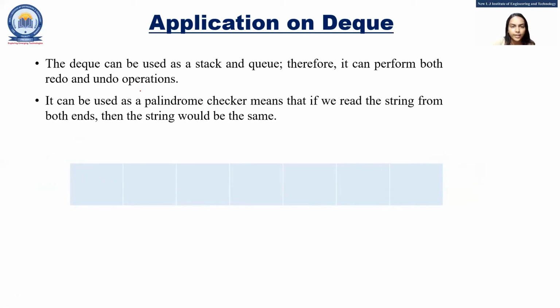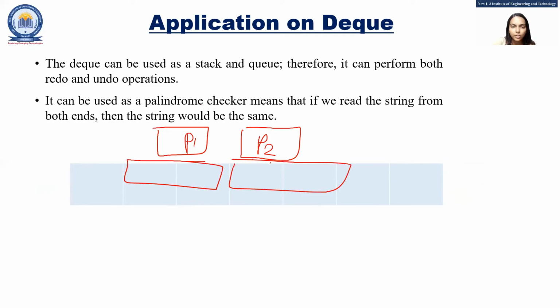multiple scheduling, right? If we have two processors, P1 and P2, they have their own DQs, and in here there are processes or threads which they execute. If a process to be executed comes over here, it gets inserted from the rear and gets deleted from the front.